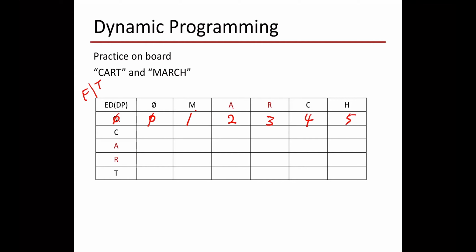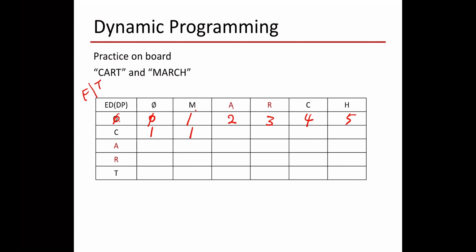Okay. Then C to null, I have to delete once, right? C to M, I have to replace it. Okay. C to A, C to MA, oh, I should do 2 actions. Either I replace C with M, then add A, or any other mechanism.